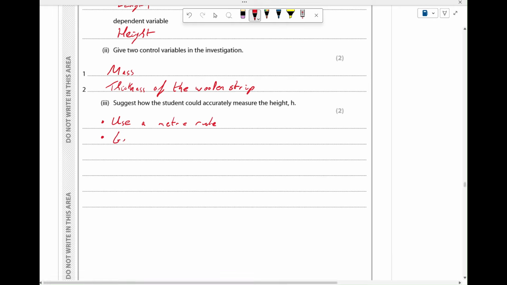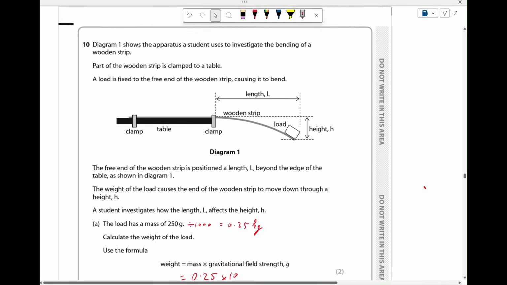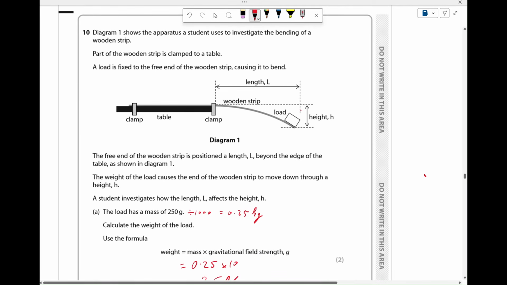I'd say get down to eye level with the apparatus. You're going to have to ensure you're measuring it vertically.